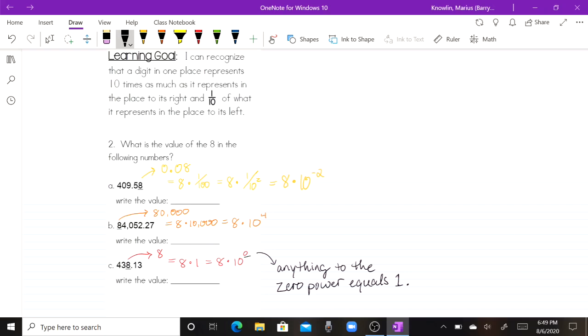So the fact that 10 to the 0, if I had 7 to the 0, that's 1. If I had 10 to the 0, that equals 1. If I had 100 to the 0th power, that equals 1. If I had 2 to the 0 power, that equals 1.